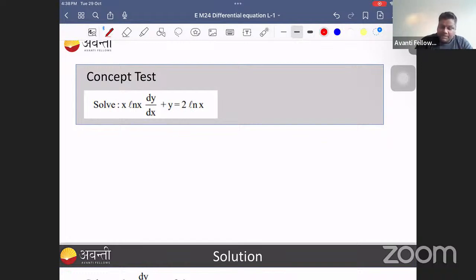See, this is dy by dx plus 1 upon x ln x times y equals 2 by x, isn't it? This will be the differential equation. So first of all, the integrating factor would be e to the power integration 1 upon x ln x dx.